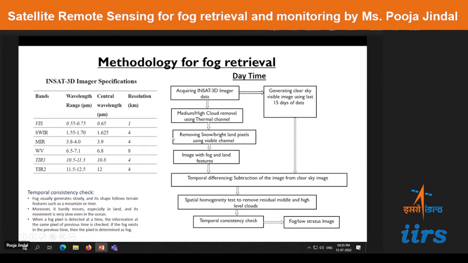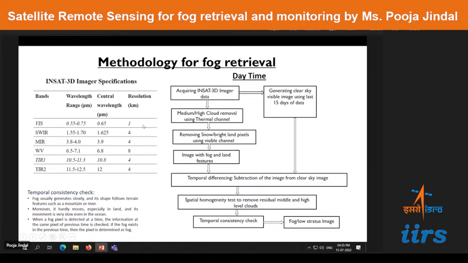Then we come to the step of removing the snow and other bright-land pixels. Other bright-land pixels include the desert area. How will we remove these pixels? We know the feature of these pixels is that they have high reflectance. Snow as well as desert areas have very high reflectance in the visible channel.